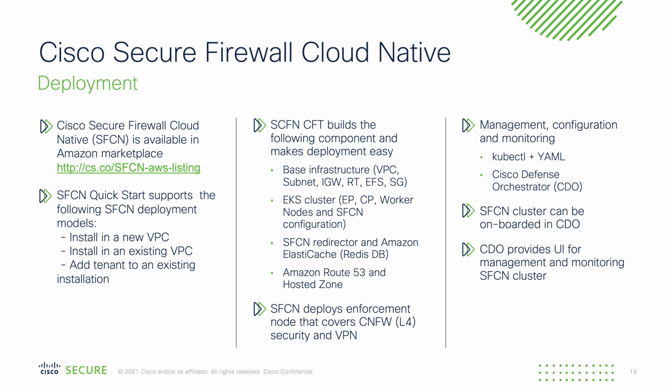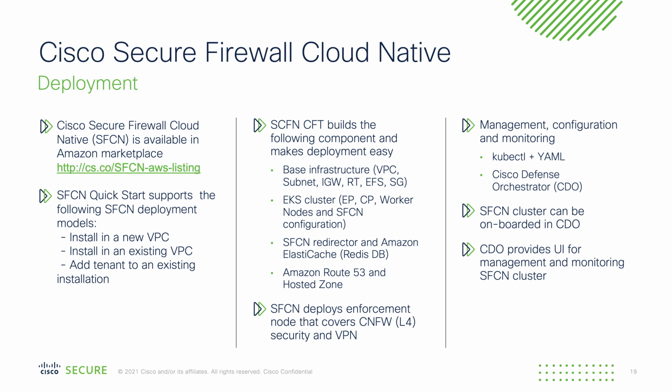Now, this release covers deployment of CNFW, which is purely for VPN, but you can use it for firewall at the edge as well. Management, configuration and monitoring is really important to understand.